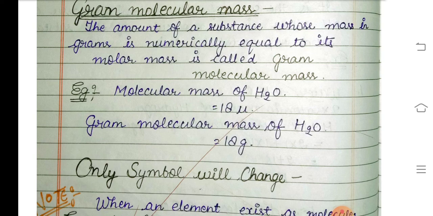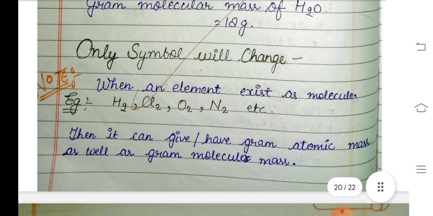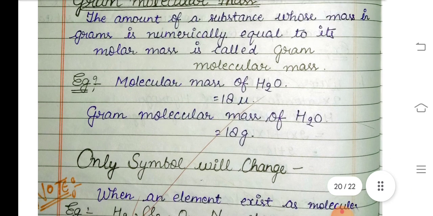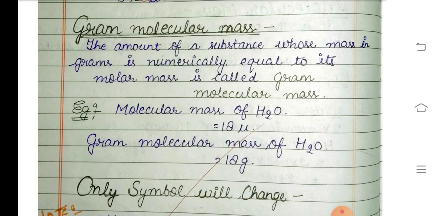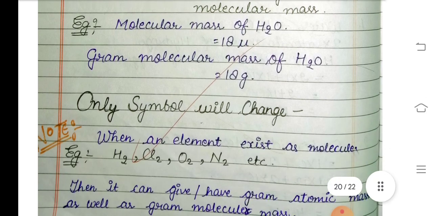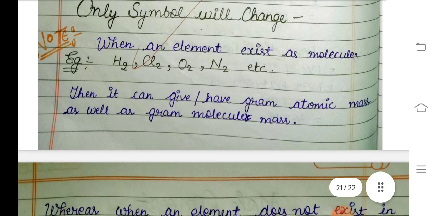The amount of a substance whose mass in grams is numerically equal to its molar mass is called gram molecular mass. The molecular mass of H2O is 18 u, and the gram molecular mass of H2O is 18 g. So they are the same, only the symbol changes: g for gram molecular mass and u for molecular mass. This applies when an element exists as molecules, H2, Cl2, O2, N2, etc.